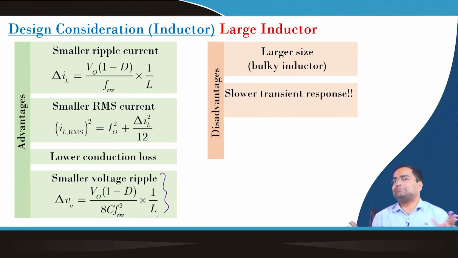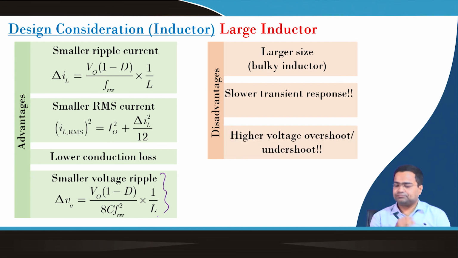There is a natural response of the converter. If the natural response is slower, it indicates that when we design the controller and do small signal analysis, this will be reflected in the control to output transfer function, and it also leads to higher overshoot and undershoot, and those things cannot be avoided if you use a larger inductor.